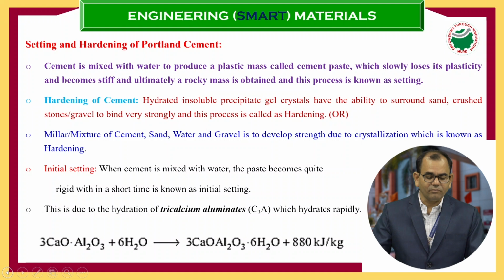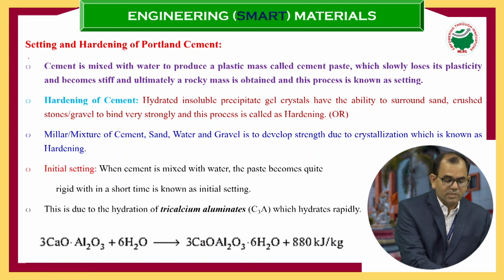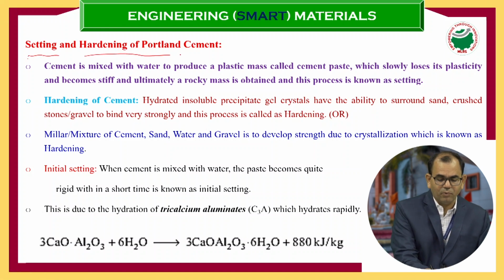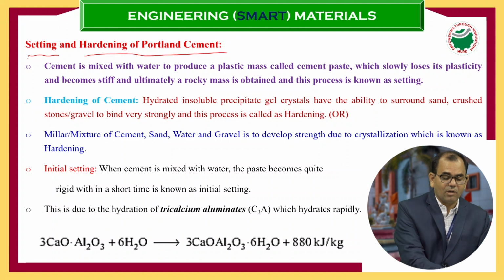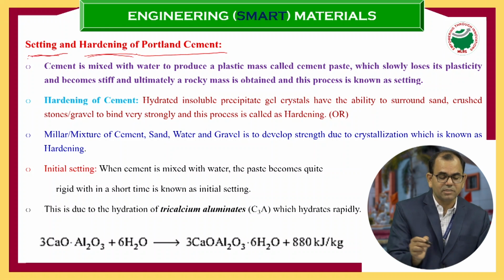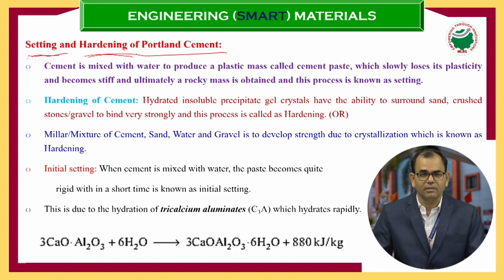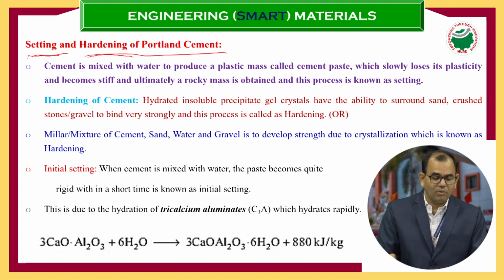Now we can see setting and hardening of Portland cement. We have gone briefly over what Portland cement is and its composition in the last class. Now let us see how Portland cement becomes hard.